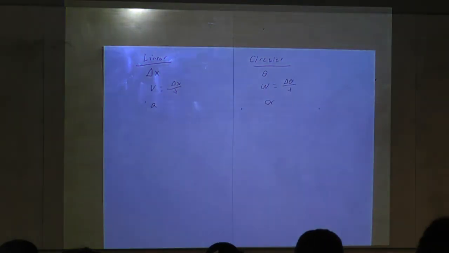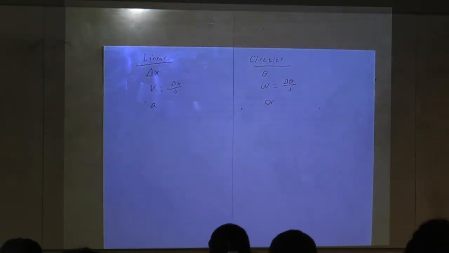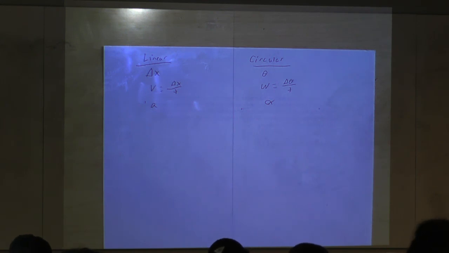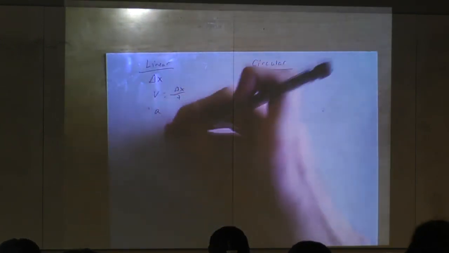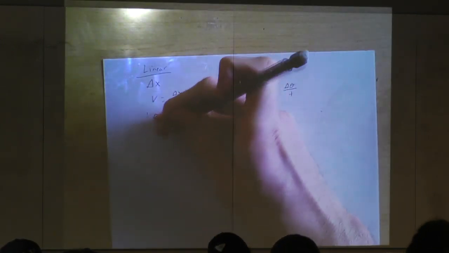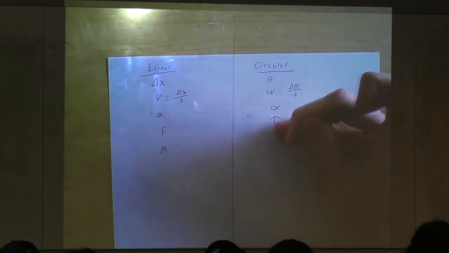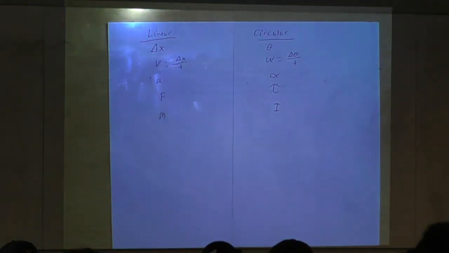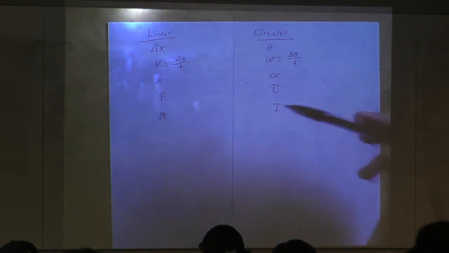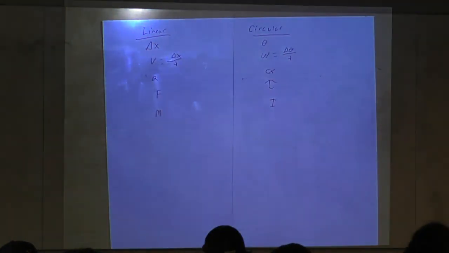If you start using these formulas, they're all the exact same formulas, but with equivalent variables in the other form. Over here we have force, over here we have torque. Over here we have mass, over here we have inertia. If you look at all your formulas, they're literally exactly the same, but with the corresponding variable plugged in.